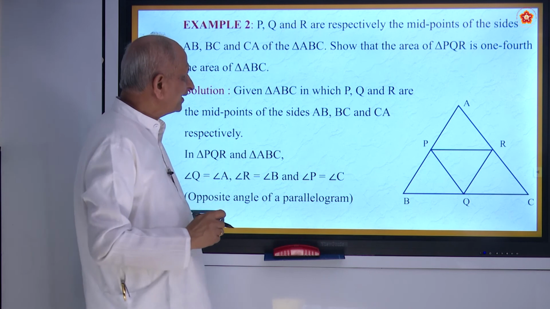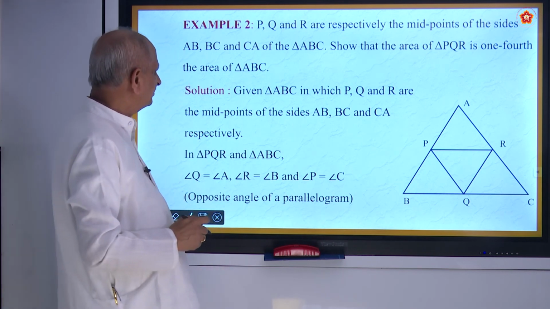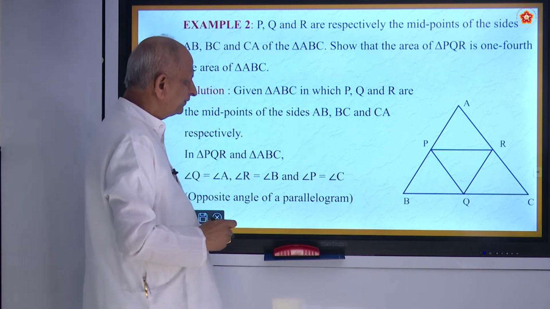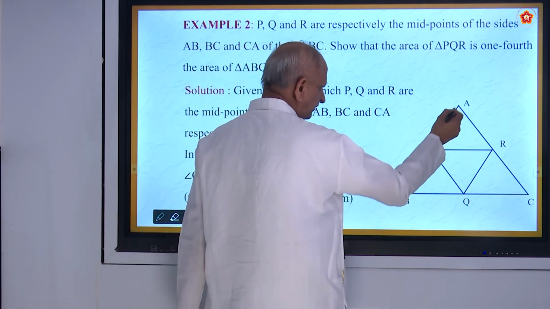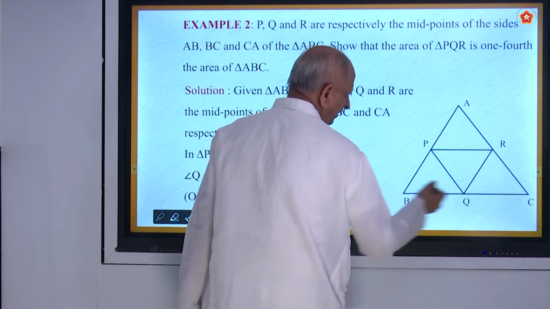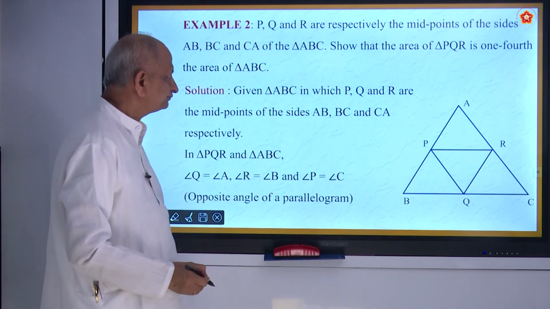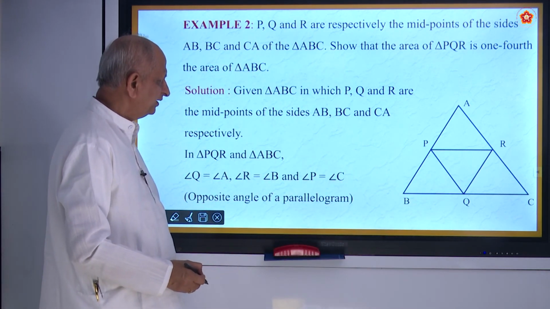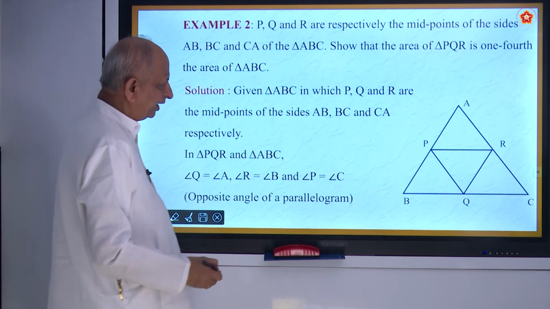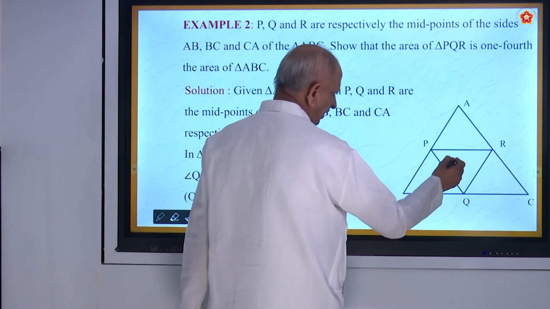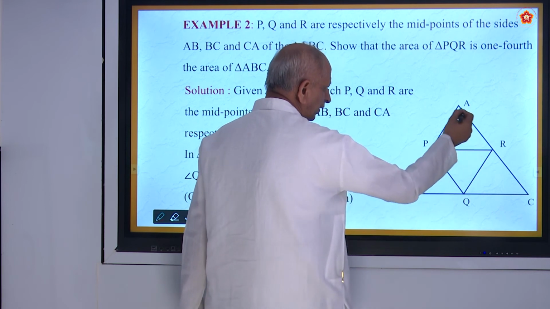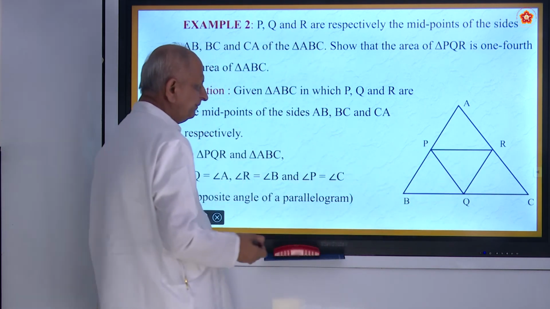P, Q, R are respectively the midpoints of the sides AB, BC, CA. So, P is the midpoint of AB, Q is the midpoint of BC, R is the midpoint of AC. You have to show that area of triangle PQR is 1/4 the area of triangle ABC.